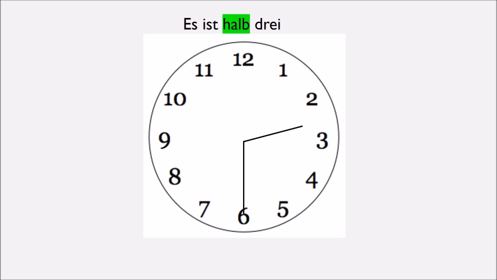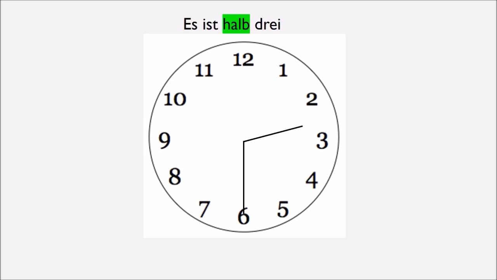Now in English we're saying it's half past 2. And only when we get just past that one we're saying it's whatever the minutes are to the next hour. Well, the Germans start counting towards the next hour on half. So instead of saying half past, we're saying it's half to the next hour, but you only need the word halb. So this one is halb drei.